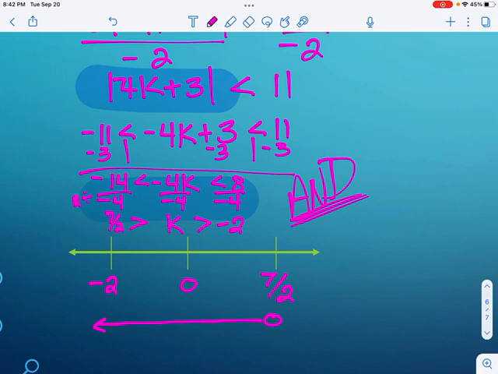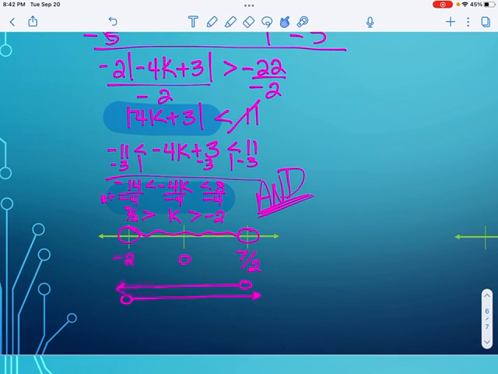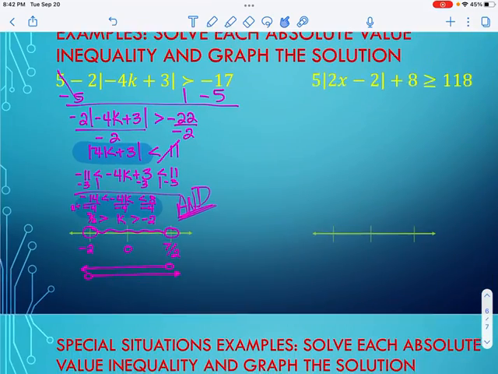The second one says k is greater than -2. So that means k is bigger, so it goes to the right. And then because it's an and statement, we're asking ourselves, where is it shared? Where is it overlapping? And when we look at that, that is the area overlapping between -2 and 7/2.